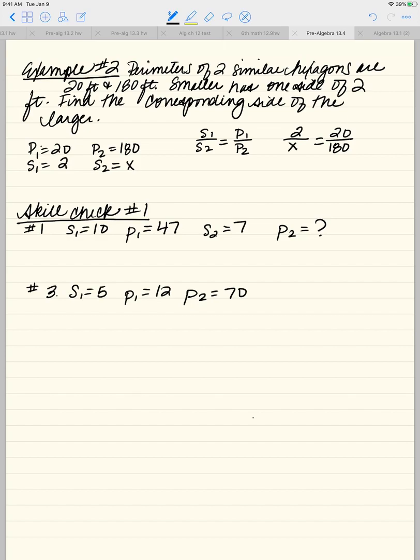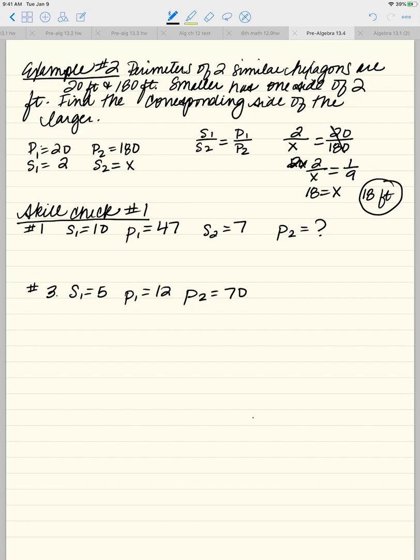Go ahead and simplify, reduce that fraction, make your life easier. Whoops. 2 over X is equal to 1 over 9. That's 20 over 180. So we have 2 times 9, which is 18, is equal to 1 times X, okay? So the side that we were looking for, side 2 of the larger, is 18. And remember, units matter, so 18 feet.